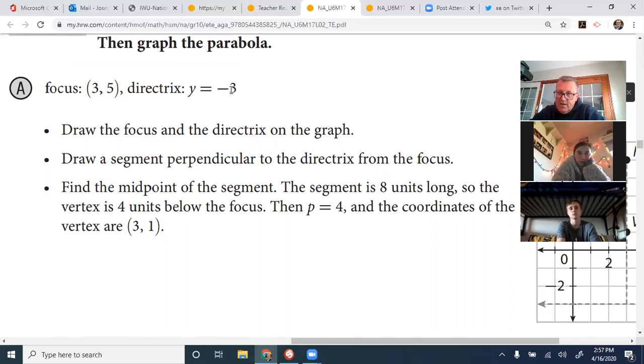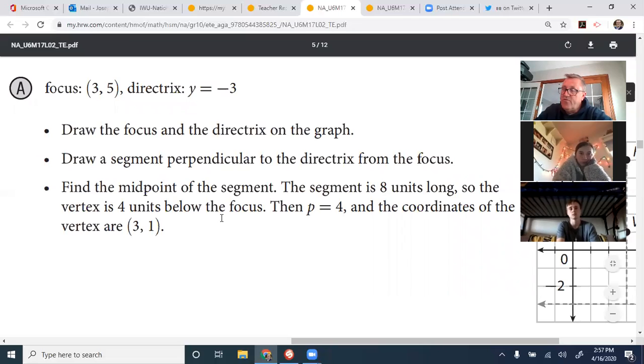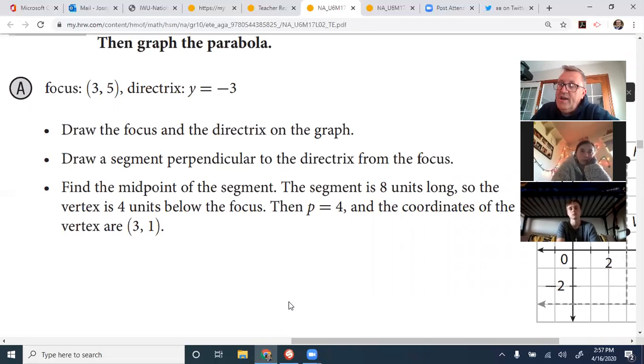Find the midpoint of the segment, third point. The segment is 8 units long, so the vertex is 4 units below. Does that make sense? So you can find the vertex by finding the midpoint between the focus and the directrix.